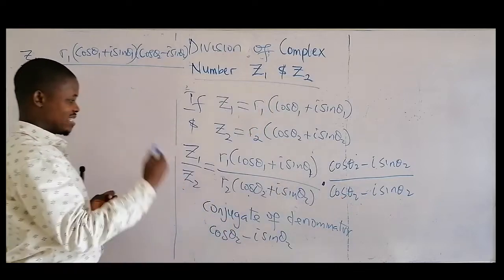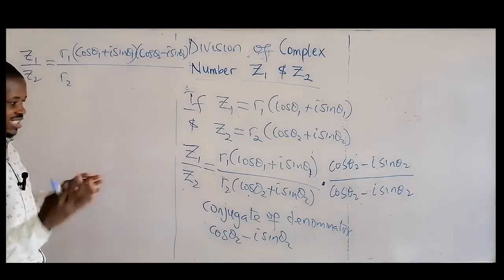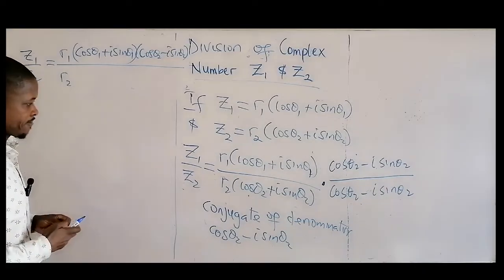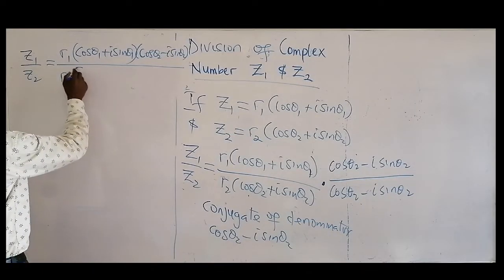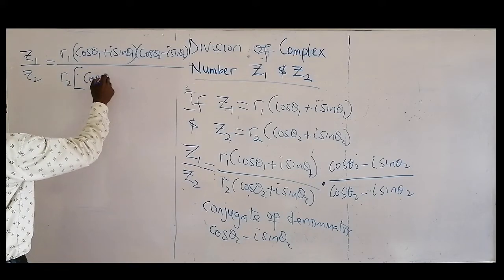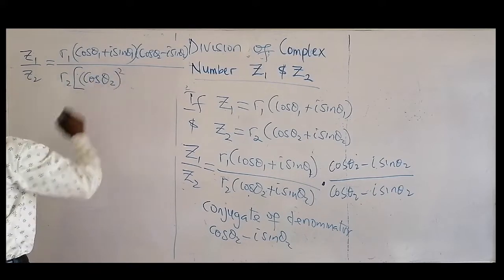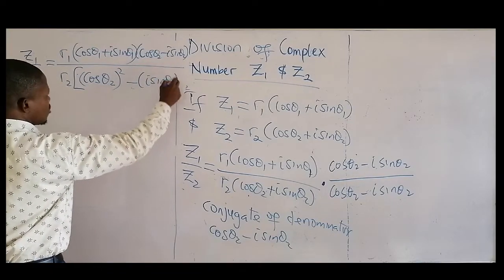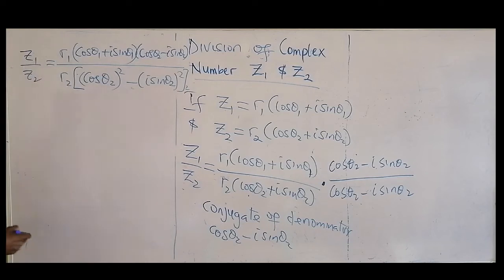When you have the same expression with alternating sign, we call it the difference of two squares. So I'll not waste time there and just apply it straight away: cos theta 2 all squared, then minus i sine theta 2 all squared. That's the difference of two squares.